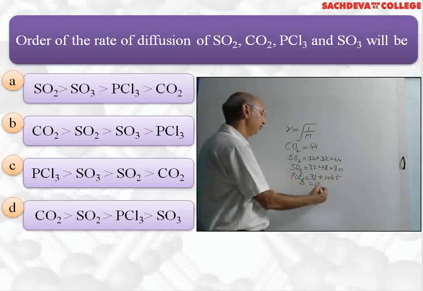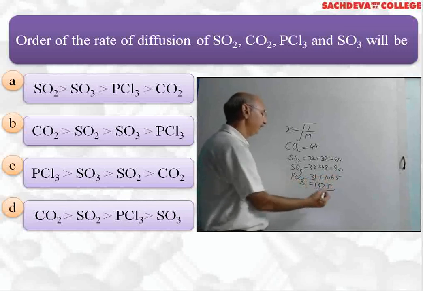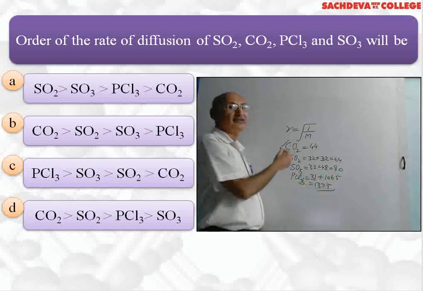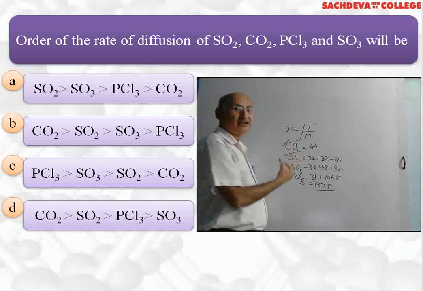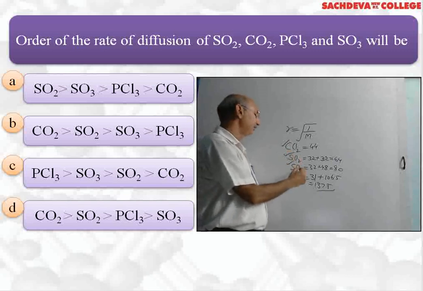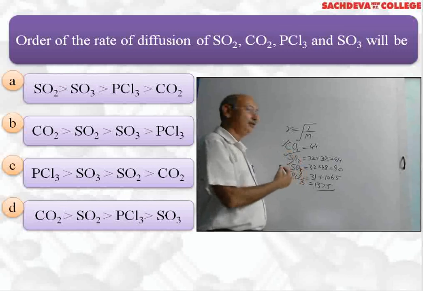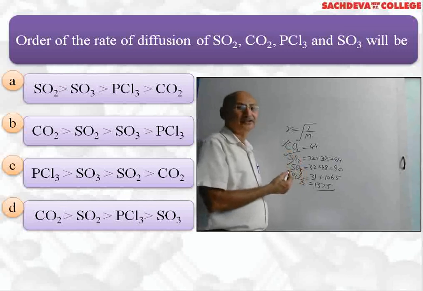This will come out to be 137.5. It means carbon dioxide will move fastest. Second number will be of sulfur dioxide. Third will be sulfur trioxide. And fourth will be PCl3. Correct answer is B part.